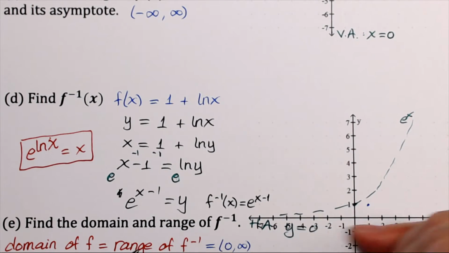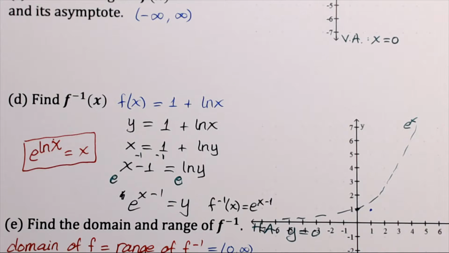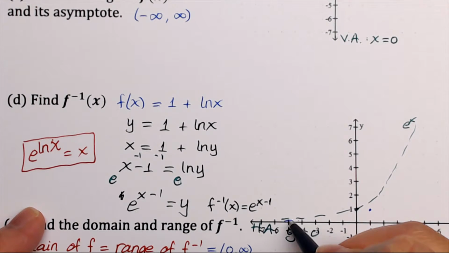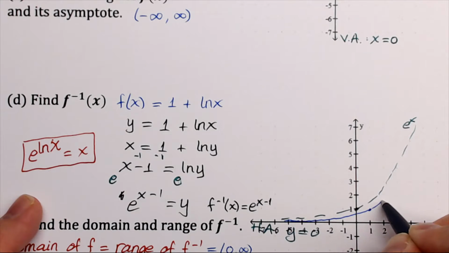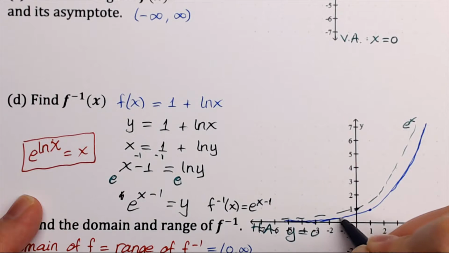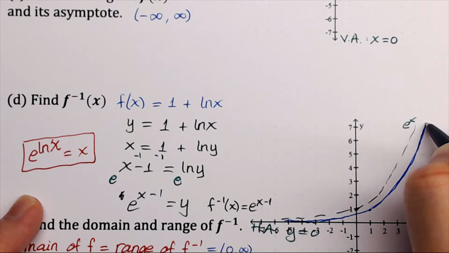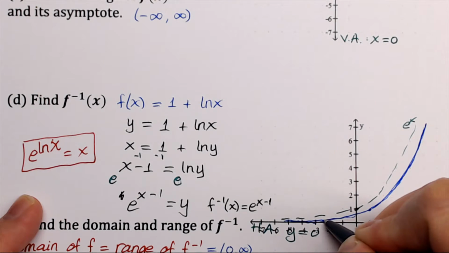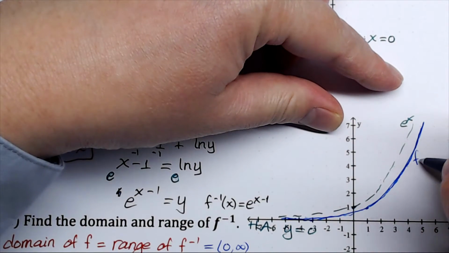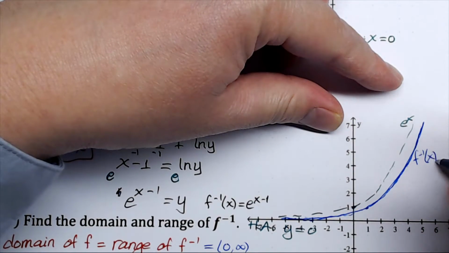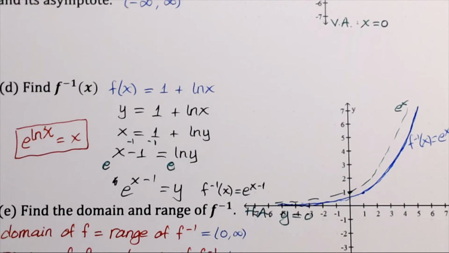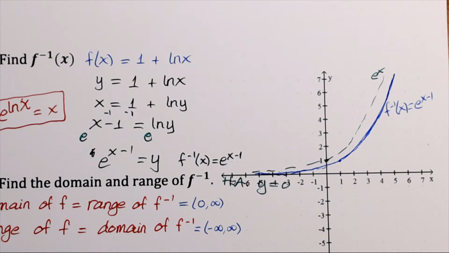And that line goes 1 unit to the right, so it's still the same line. So the graph will go like this. Right, so that is the inverse.